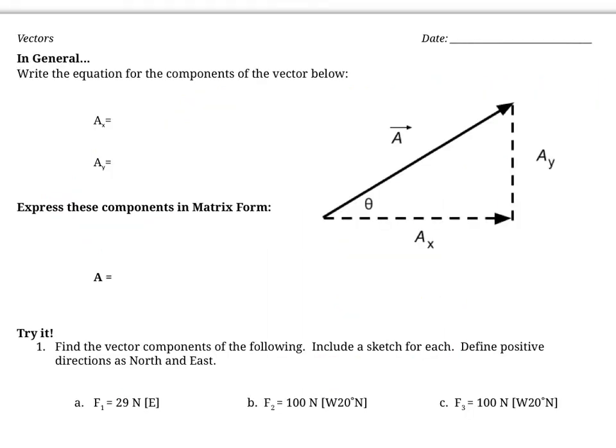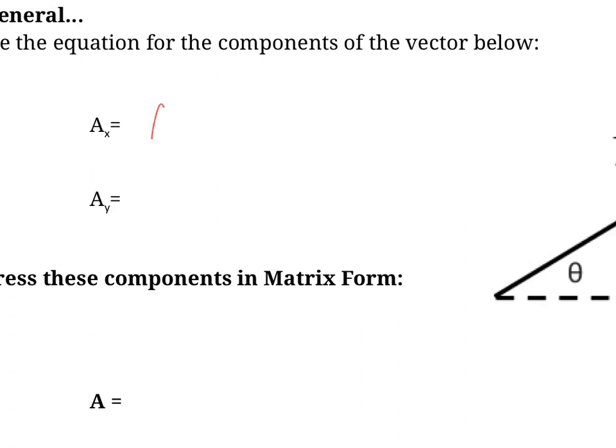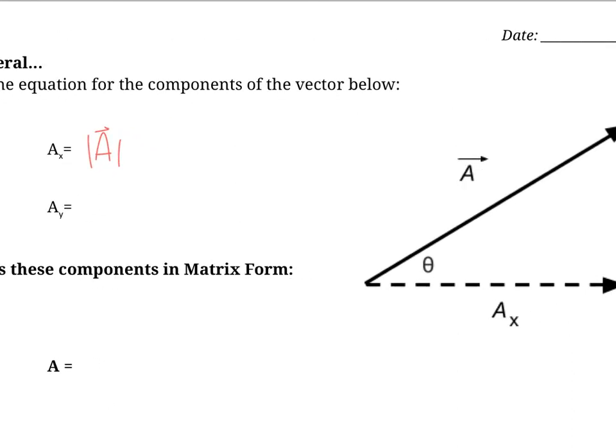So in general, when we have a vector, call it vector A, we have our components ax and ay. The way we can find ax, it's always going to be the length of the vector, or the hypotenuse, so the magnitude of A, I should say, because it's the length of the vector, times the cosine of the angle from the horizontal.